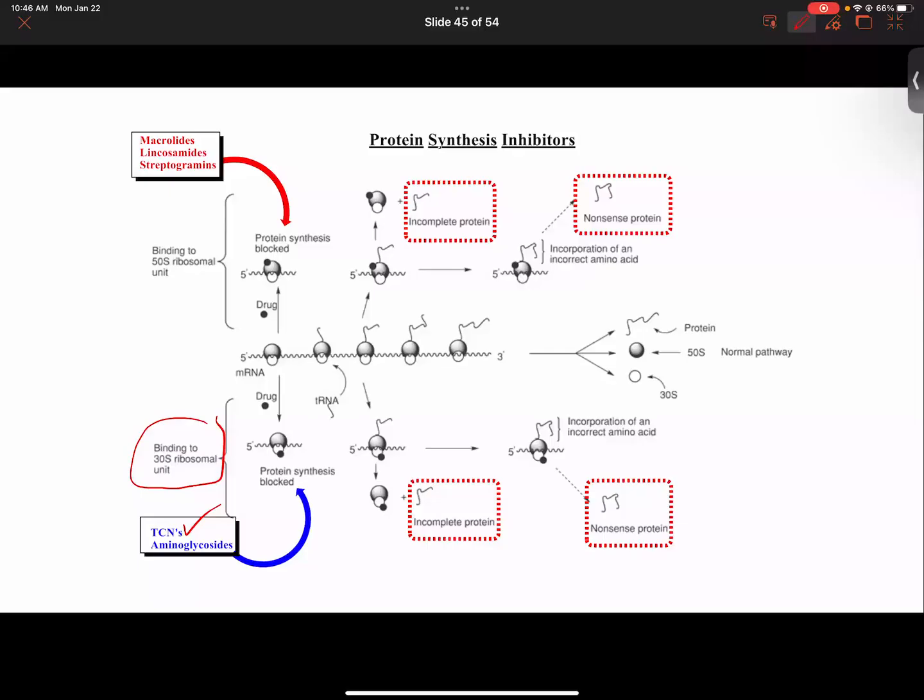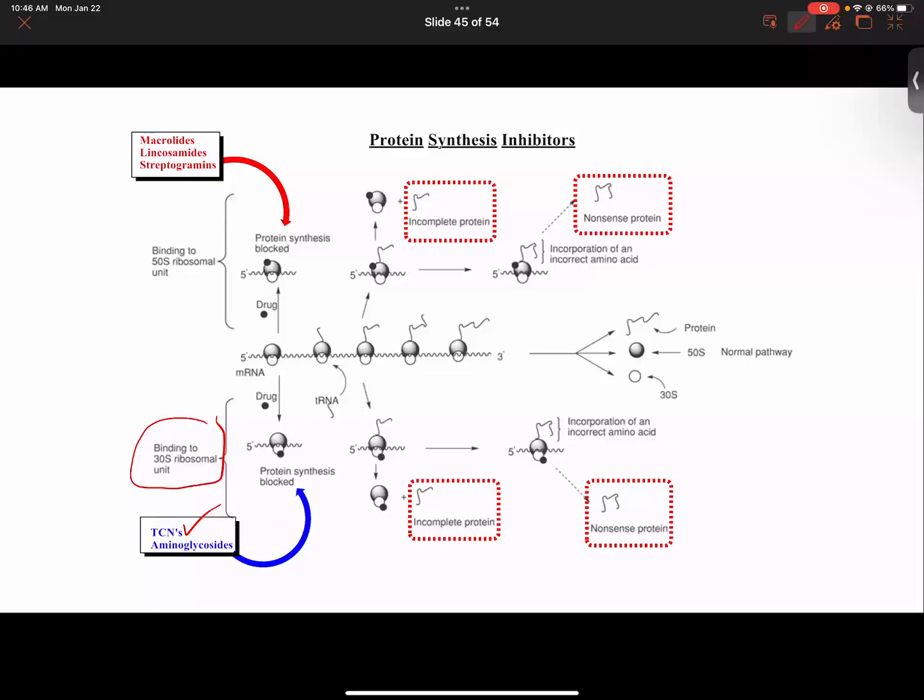These nonsense proteins that get produced, or missense proteins that get produced, actually go on and cause damage to the bacterial cell itself. Right? So we're not necessarily inhibiting protein synthesis completely with an aminoglycoside, but what we are doing is tricking the bacterial cell into producing something that's going to cause damage to itself.